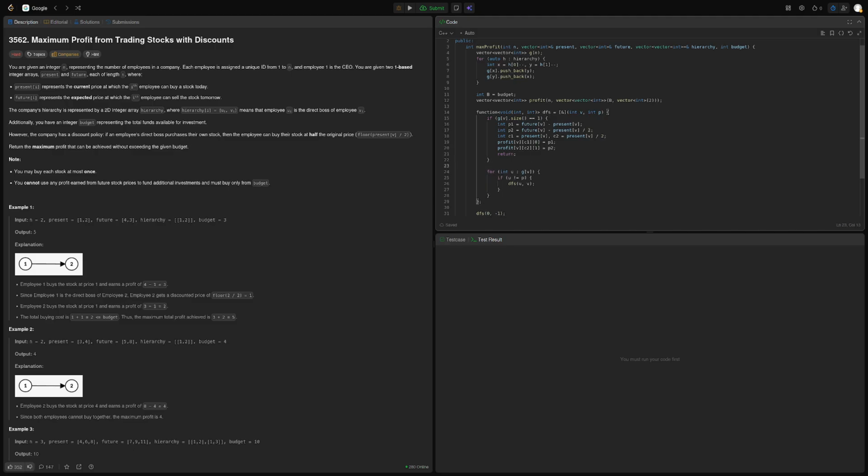So this is just for calculating. Now we need to go through, so we need to compute these values for this vertex.